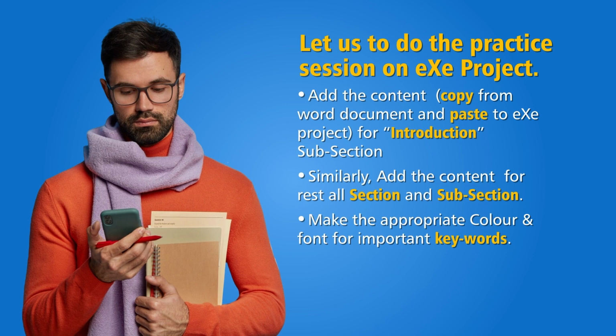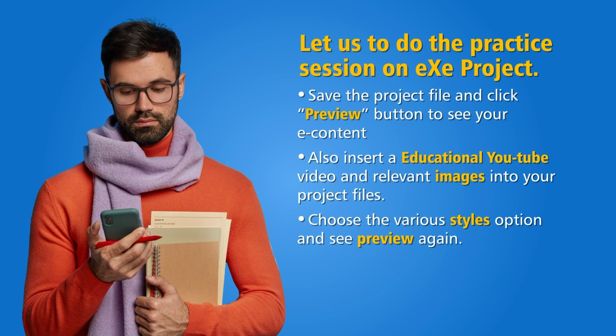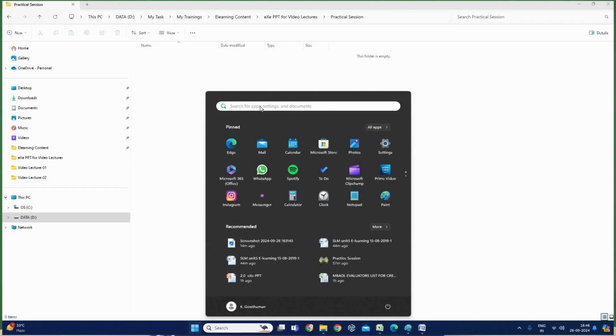We will also set some colors and fonts, include some images and look and feel, and see the preview options. Later, when time comes, we will also include a YouTube video.